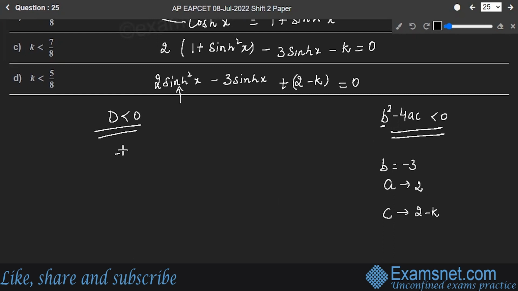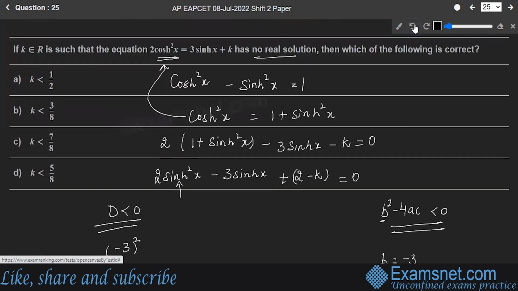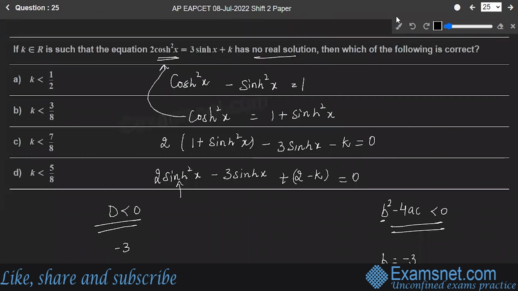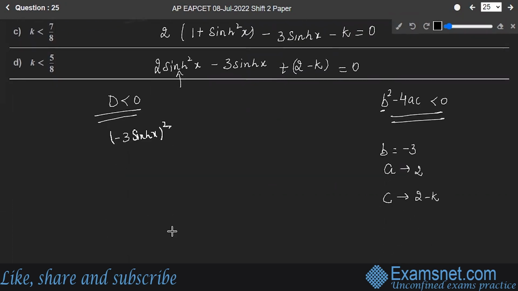That means minus 3 whole square, this is sinh square x, so I'll write it like this: sinh x square, minus 4 into a, which is 2, into c, which is 2 minus k. This is less than 0, right?